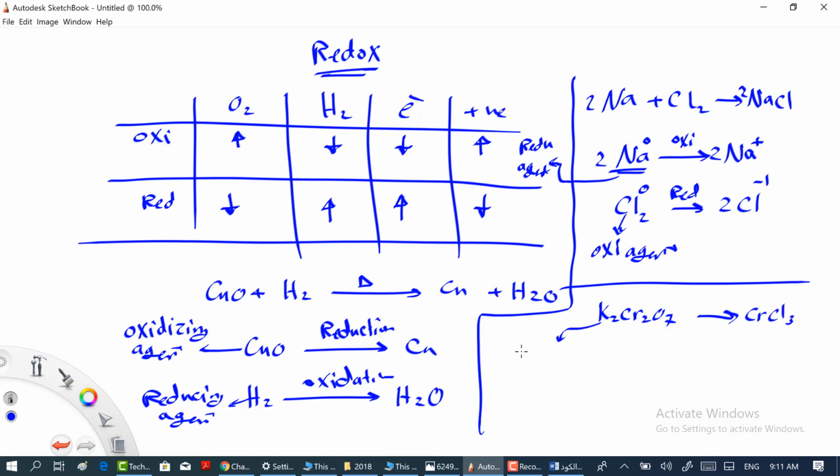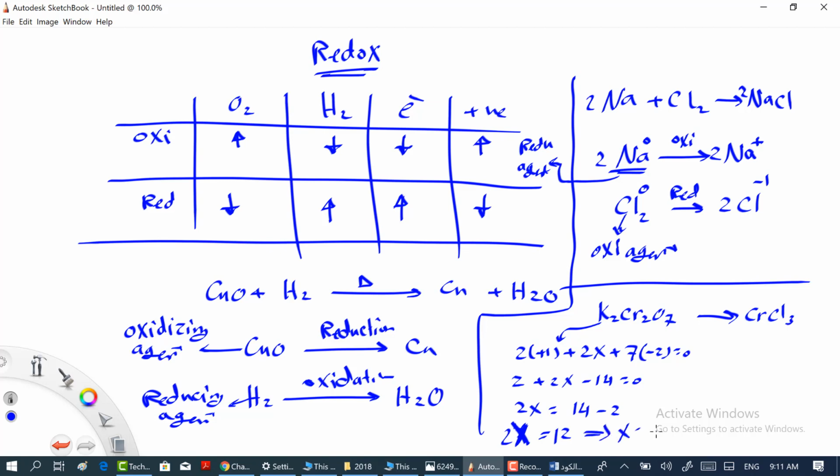In this case, it will be 2 multiply positive 1 plus 2X plus 7 multiply negative 2 equals 0. 2 plus 2X subtract 14 equals 0, 2X equal 12, X equal positive 6.